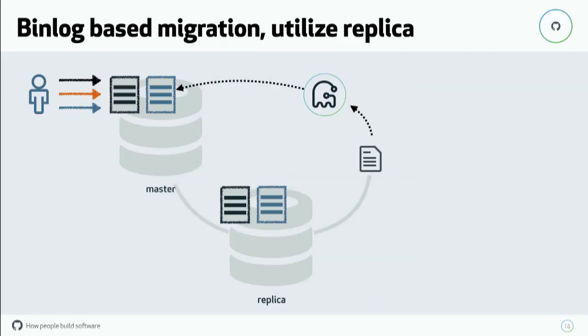All right? So that's cool, but this is cooler because there's no reason that we have to have Ghost looking at the binary logs on the master because we can get the binary logs on the replica.